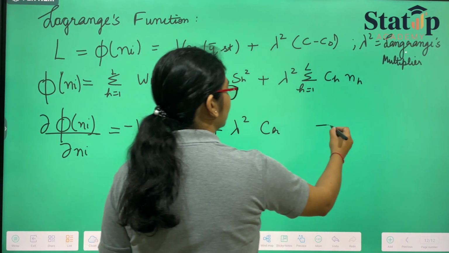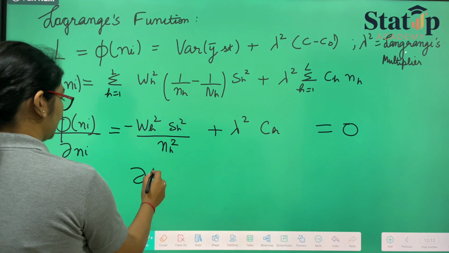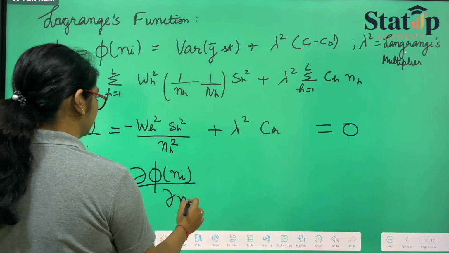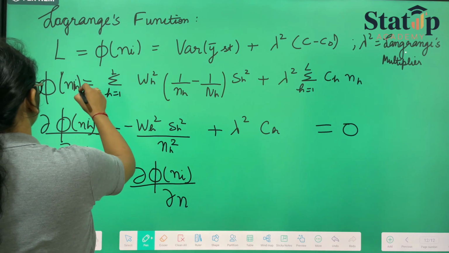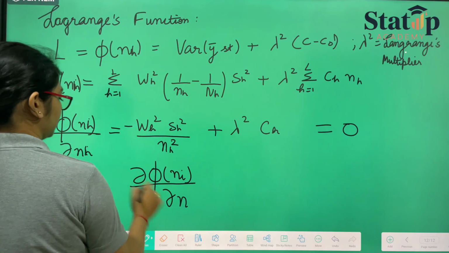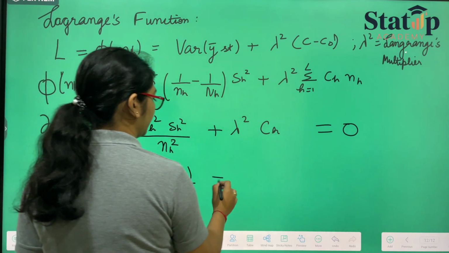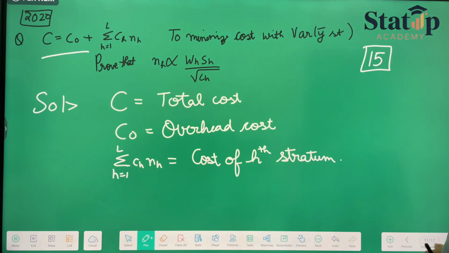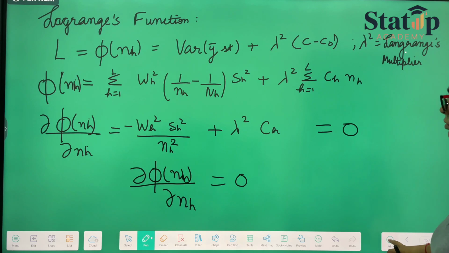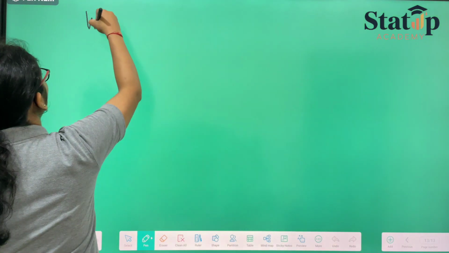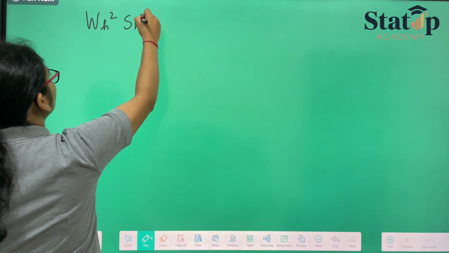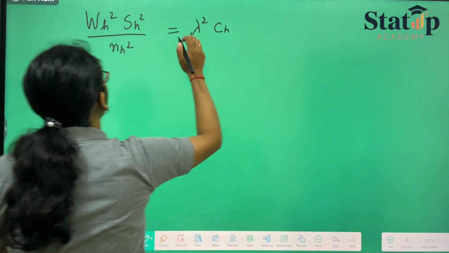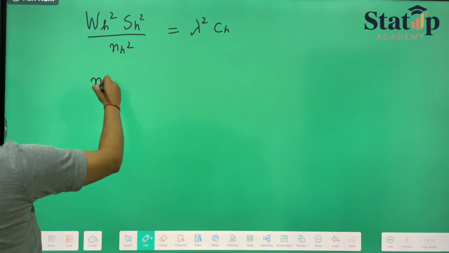So we will put it equal to 0 because this is a normal equation and we have to find the value of nh. So it will be Wh square Sh square upon small nh square is equal to lambda square Ch. Now we'll put nh on one side and rest other on other side.